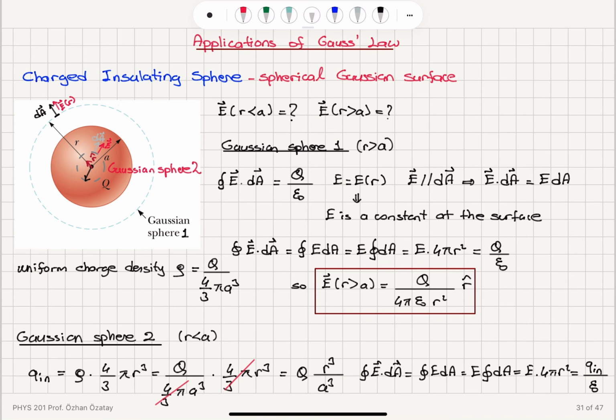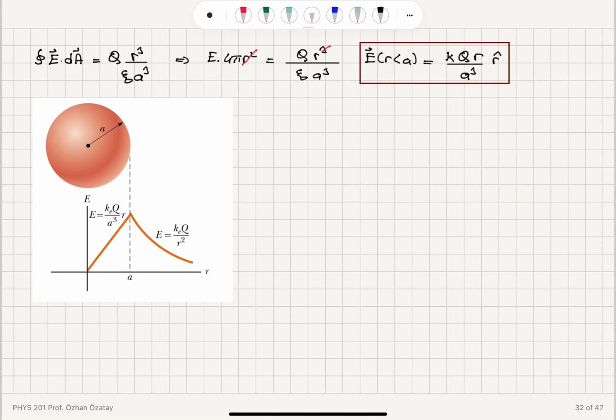In other words, this is also equal to k q over r squared r hat, which is basically the same as the electric field due to a point charge of charge capital Q. Now here I have k q r over a cubed r hat. You can see that when I go from the center to the surface of this sphere, the electric field increases linearly with distance from the center.